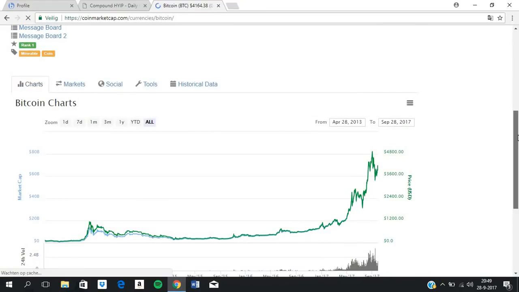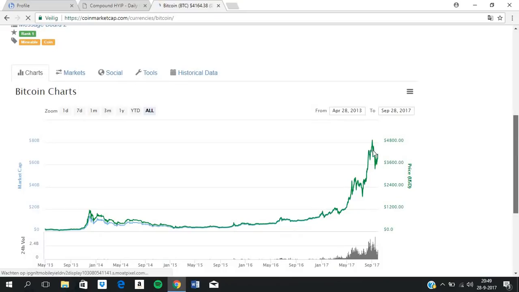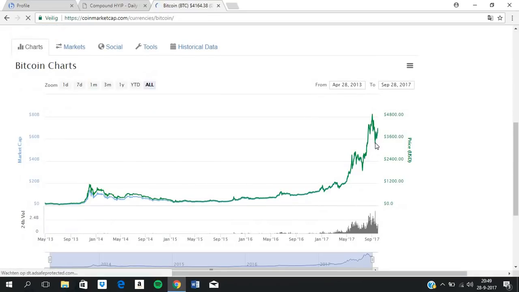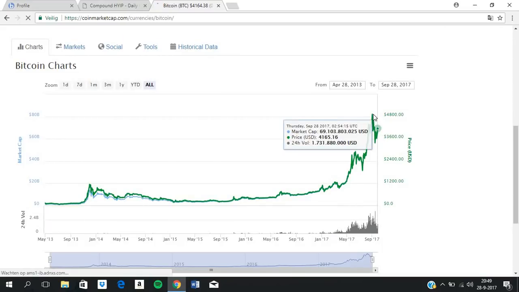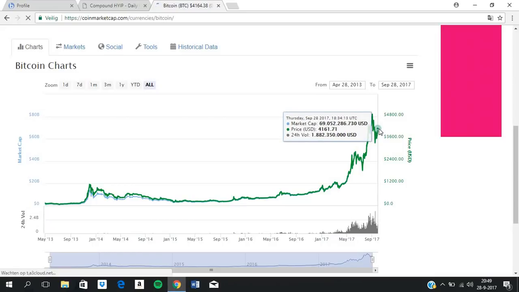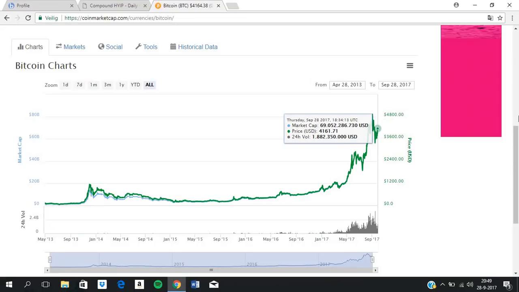Bitcoin is rising. We've had a big Bitcoin crash here, but now it's slowly getting back to the same level. And if you look at what the market cap is at this moment, it's about 96 billion US dollars, which is very high.